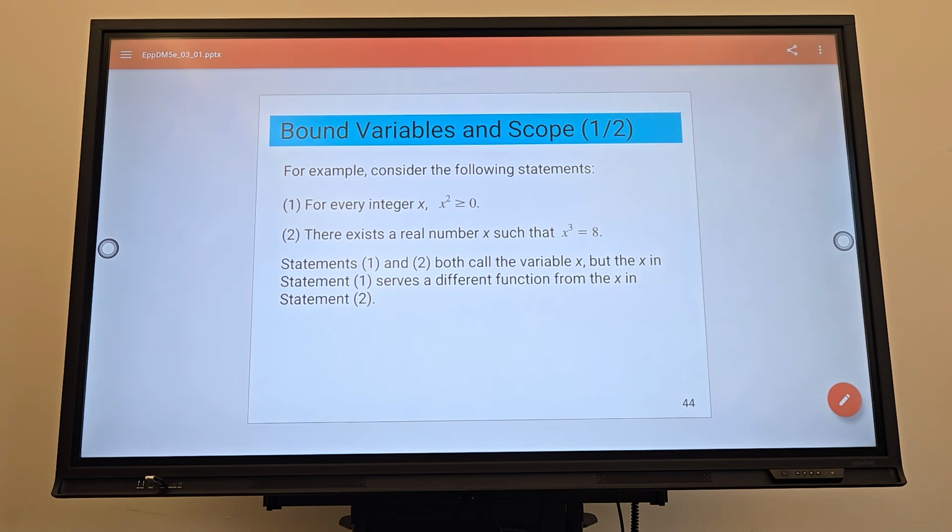And 2, there exists a real number x such that x cubed is 8. Both 1 and 2 call the variable x, but the x in statement 1 serves a different function from the x in statement 2.